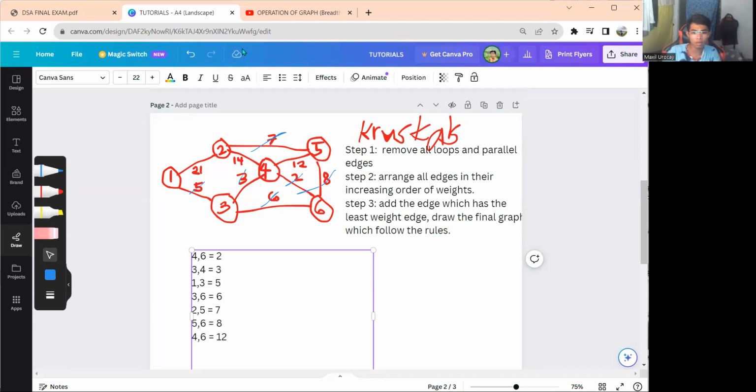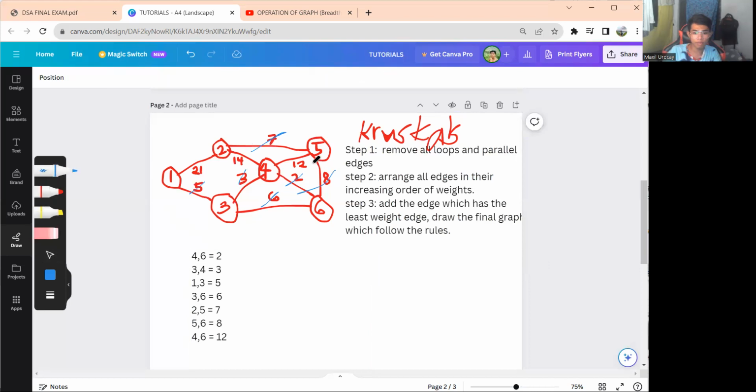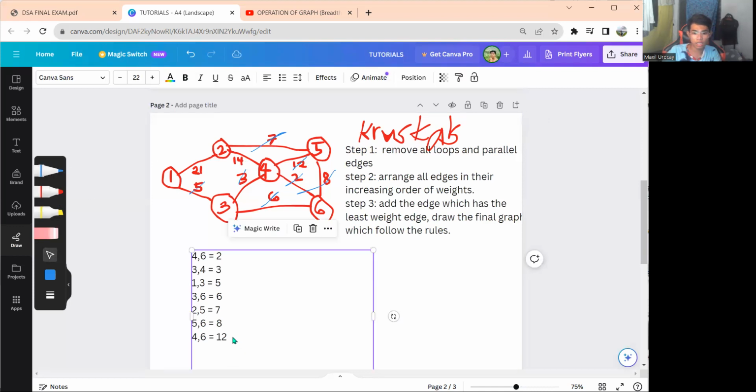Then we are done with 12. What's next? 14. So 14 is basically 2 to 4 adjacent, equals to 14. Then lastly, the 21, which is 1 to 2. 1 to 2 equals 21.